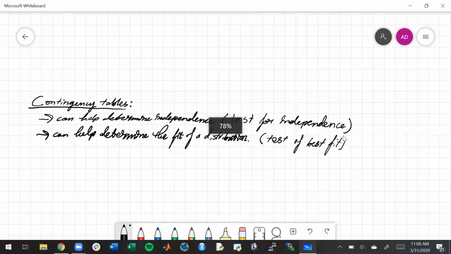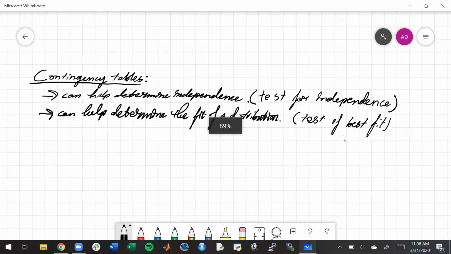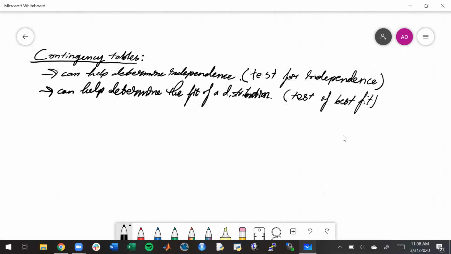Right, so you're going to hear these things referred to as a few things, but essentially you're performing the same test each time. Sorry, what I'm trying to say is that the chi-squared test is quite versatile. And if you essentially want to use it for determining independence, you're going to use the same test as you would if you were determining the best fit of a distribution. You're just going to be thinking about it differently.